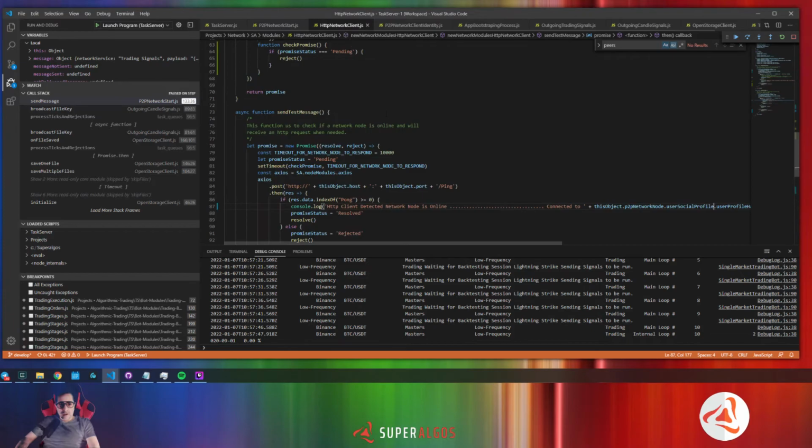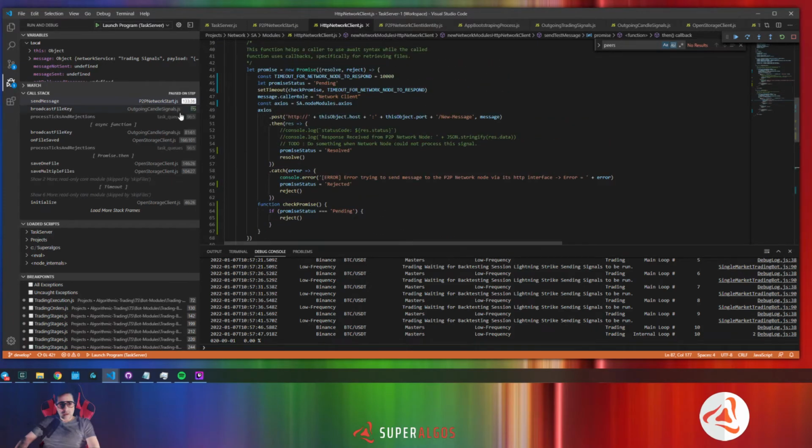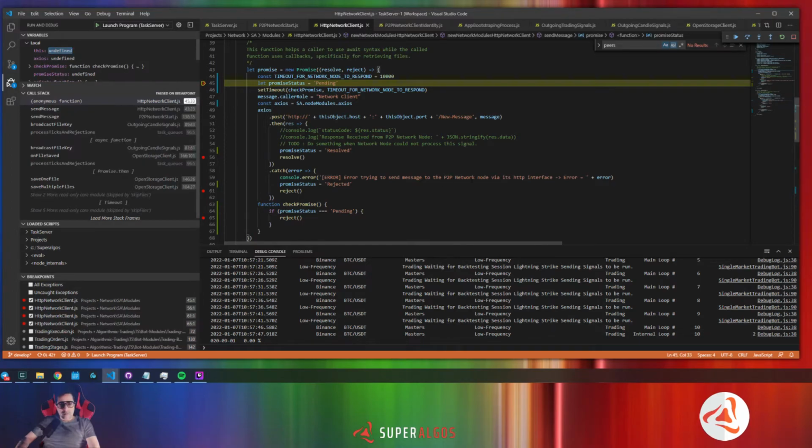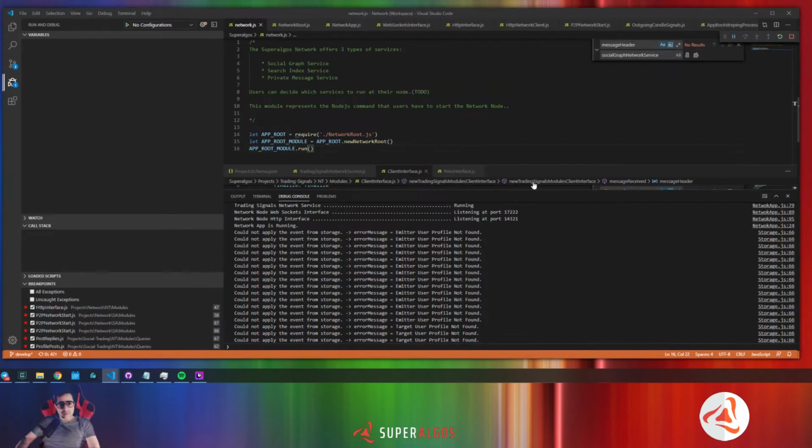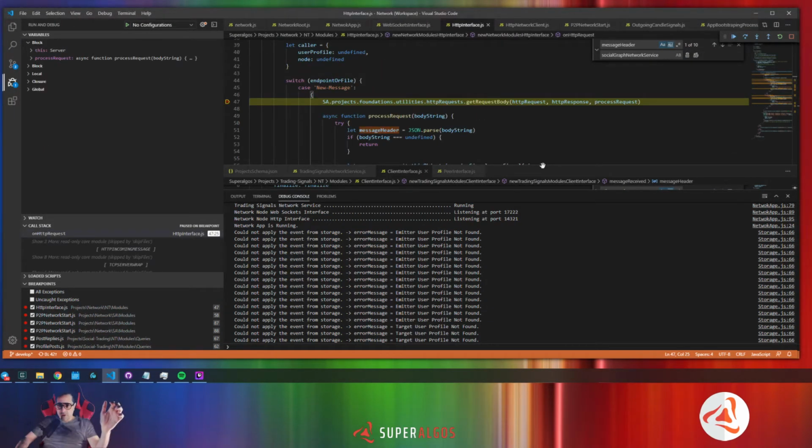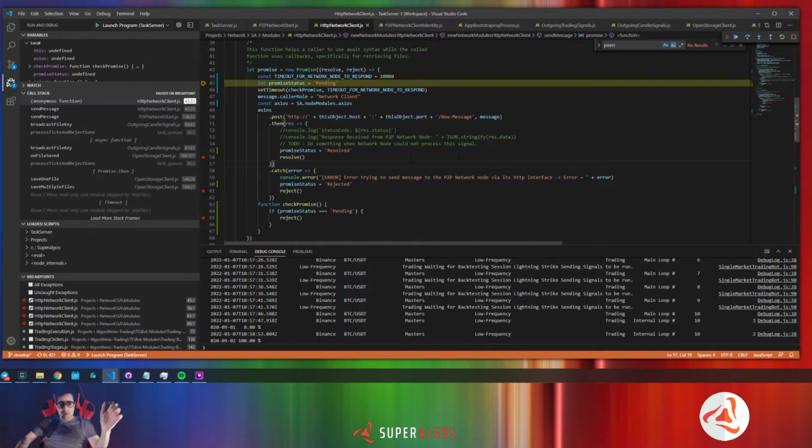So this is going to come to the HTTP client. And let's go. Okay, the signal is on the other side. Yes.